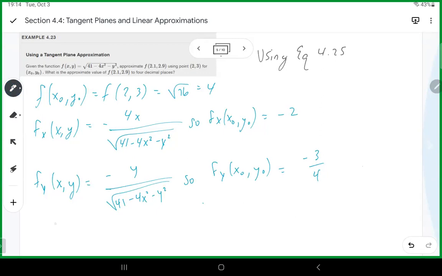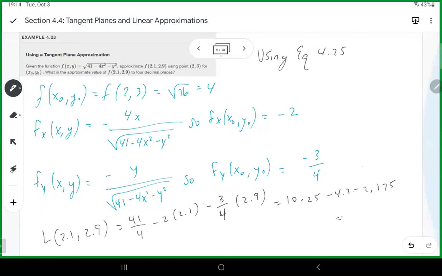All right, so now we want to substitute into the equation. And that equals 3.875. There's one more spot that we have to do.